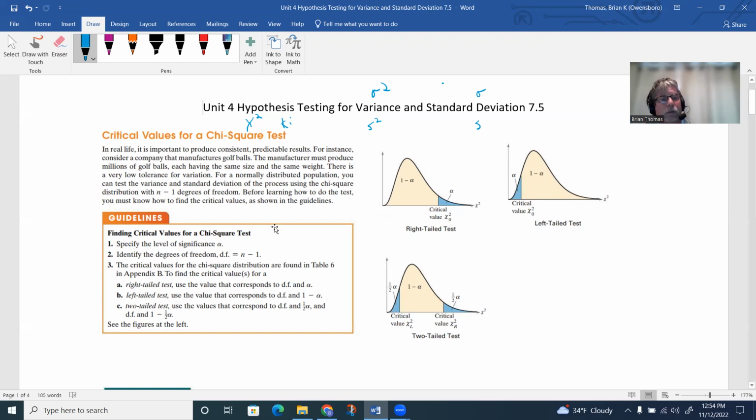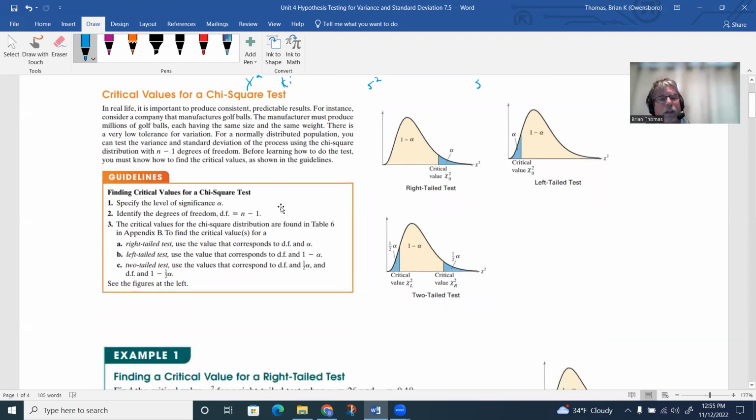When finding the critical values, this is where we'll be using the table. We need to know the level of significance, so we need to know what alpha is. We need to identify the degrees of freedom, which is n-1.